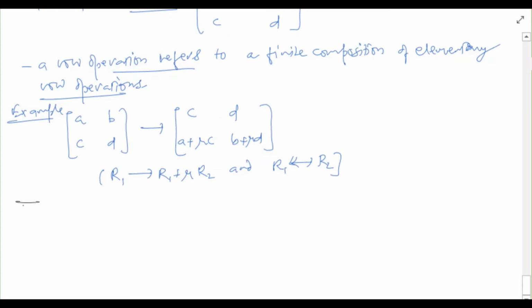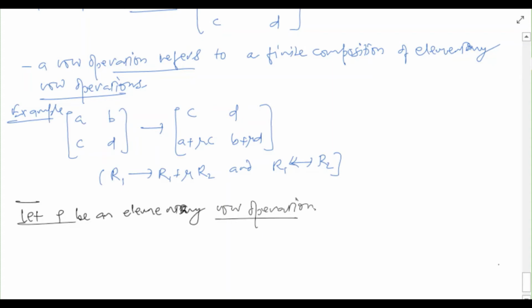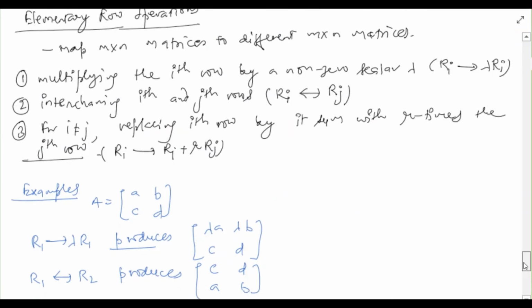Let us see how these elementary row operations affect determinants of the matrices. Right? So let rho be an elementary row operation. So rho could be one of these three operations.